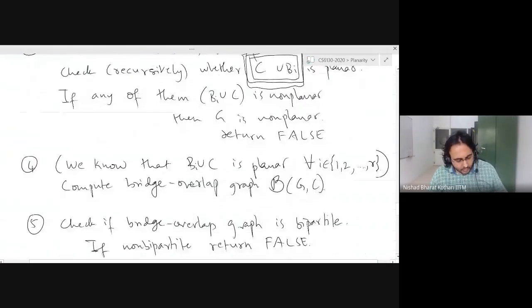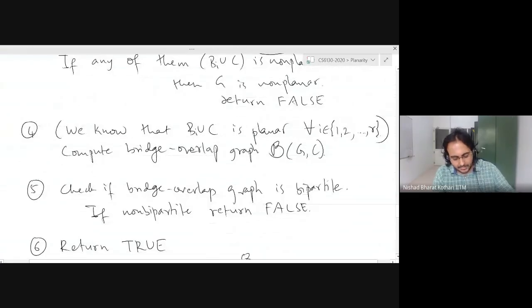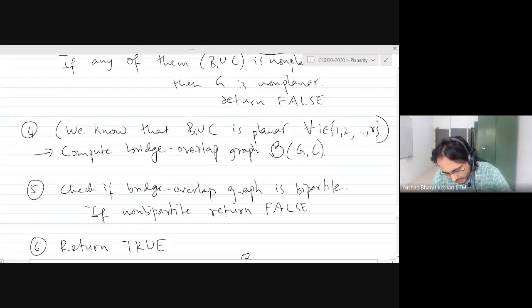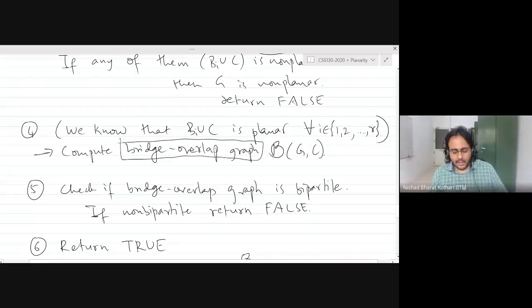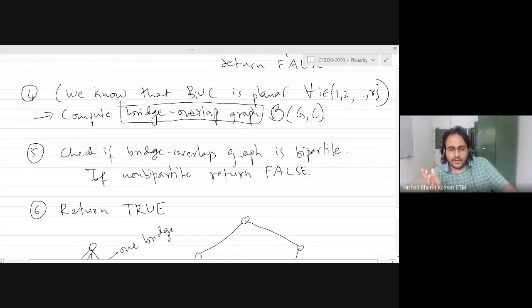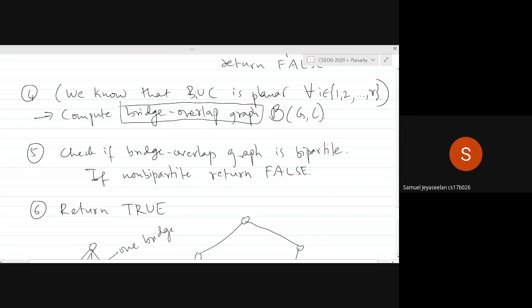I want to say a few words about how big the bridge overlap graph can be. Can anybody tell me how big this graph can be? If your original graph has n vertices and m edges, how big can the bridge overlap graph be in the worst case? Each bridge has to have at least one edge, so at most m bridges. Exactly.